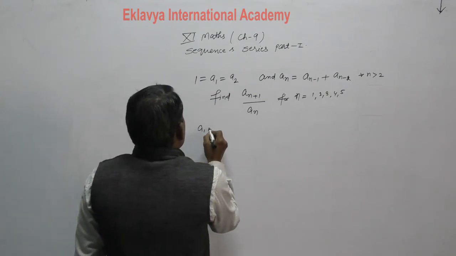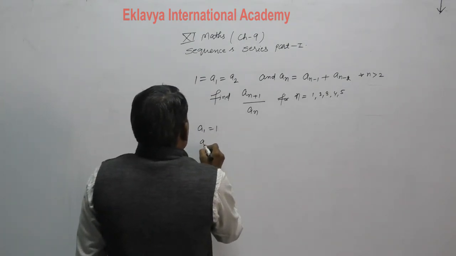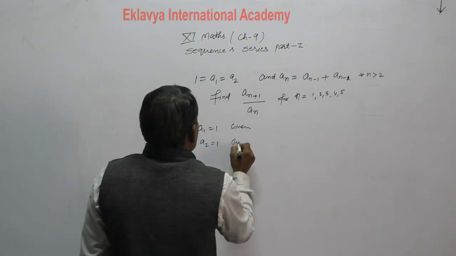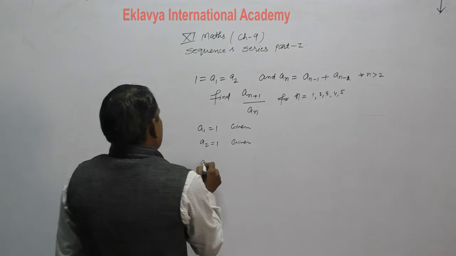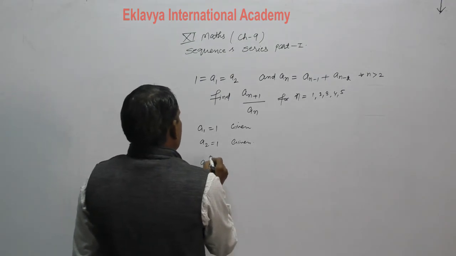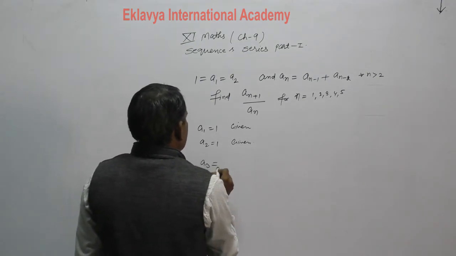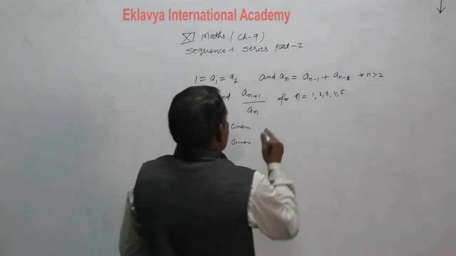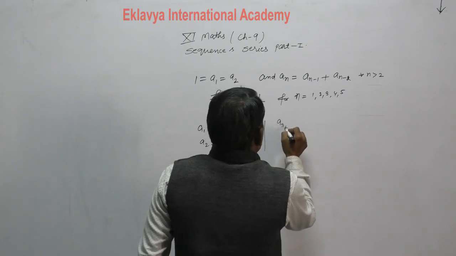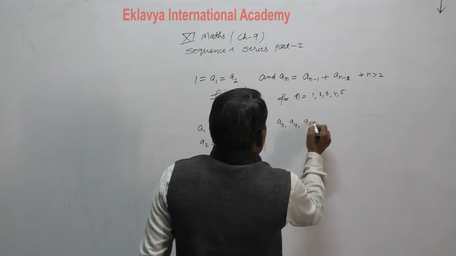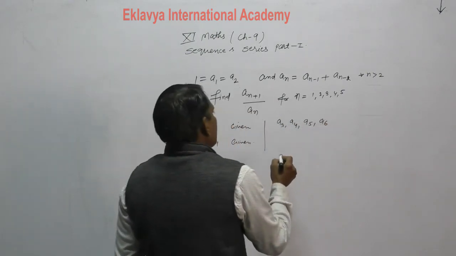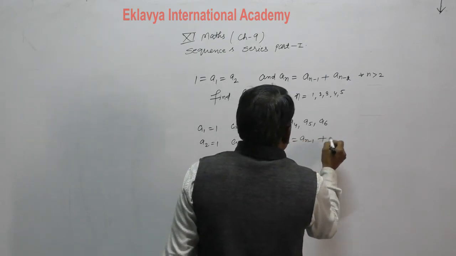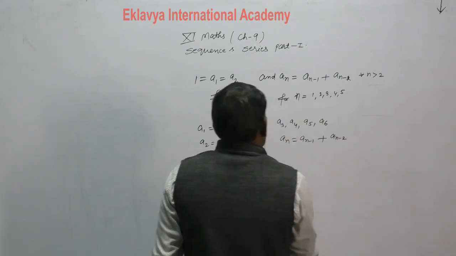Now a1 is 1, given, a2 is 1, given, these are given. Now a3, a4, a5, a6 we will calculate by the given formula an equal to an minus 1 plus an minus 2.